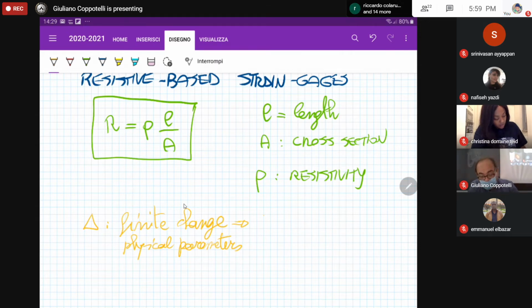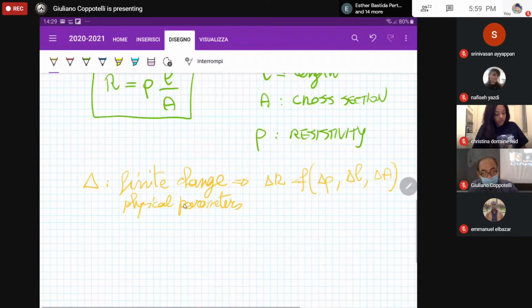So the change of resistance is, of course, a function of the change of the resistivity, the change of the length, and the change of the cross-section.